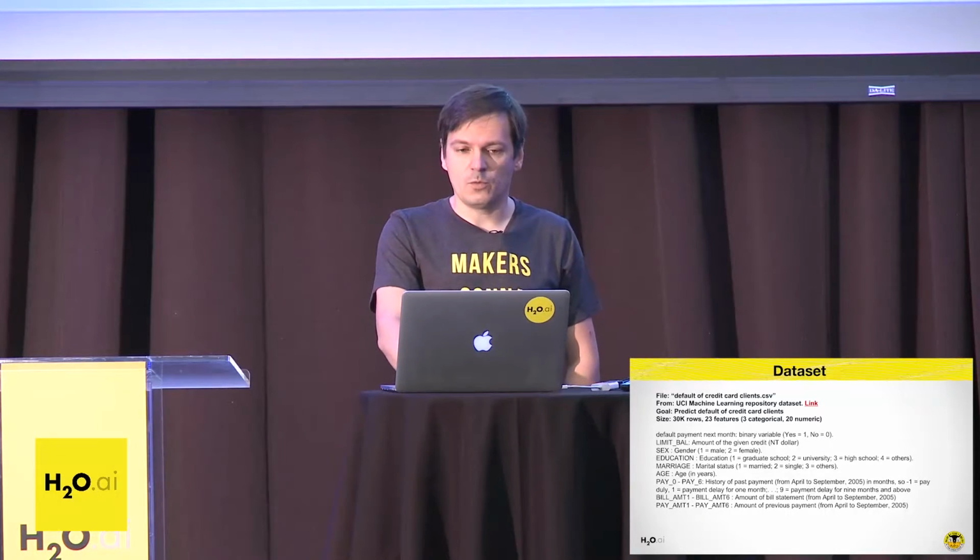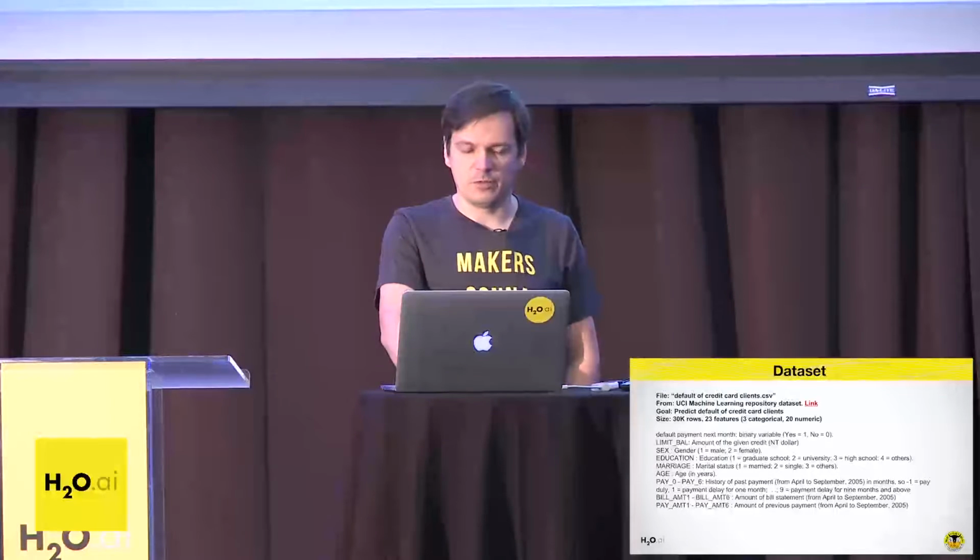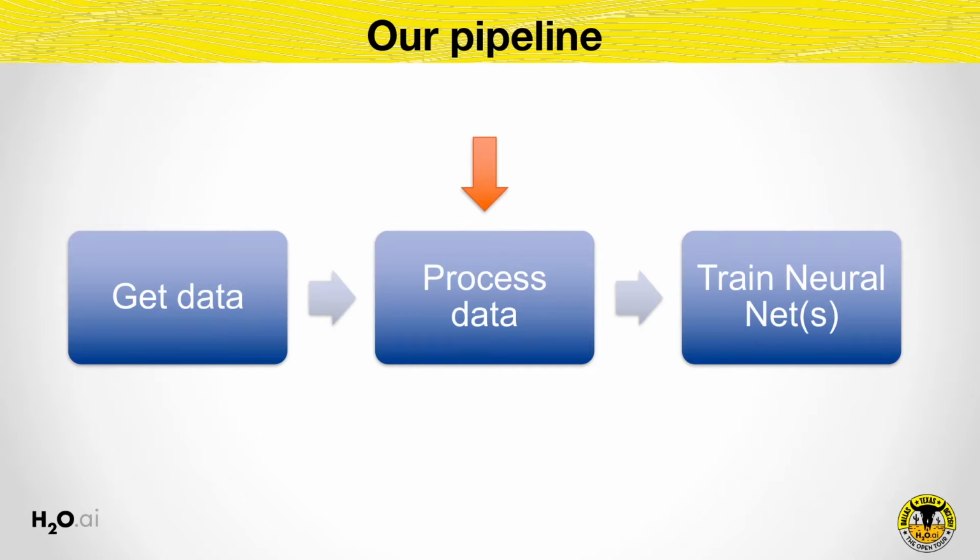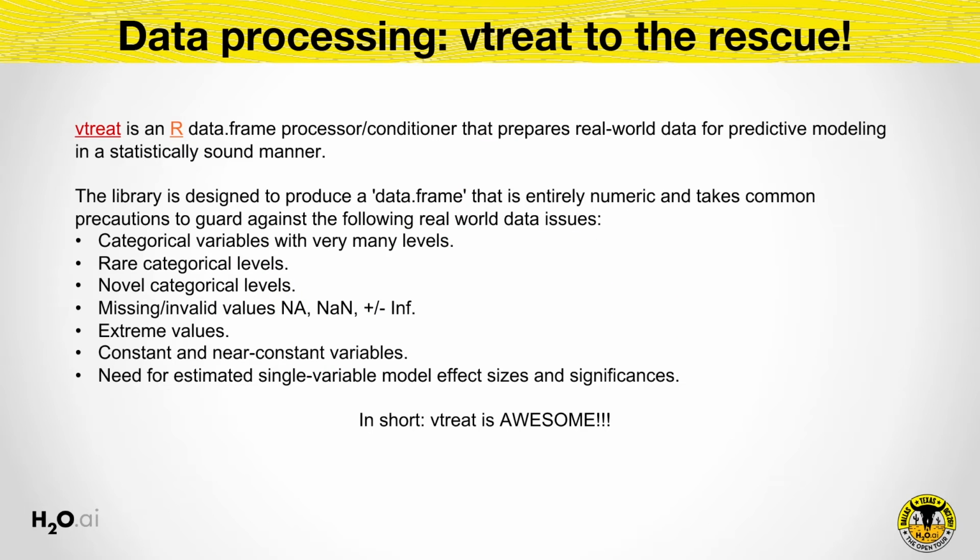In order to avoid that, there is a very neat package available for R, which is all about the second part of the process, processing the data, called vtreat. It's a very interesting data frame processor, and in a nutshell, you can treat it as a black box most of the time.